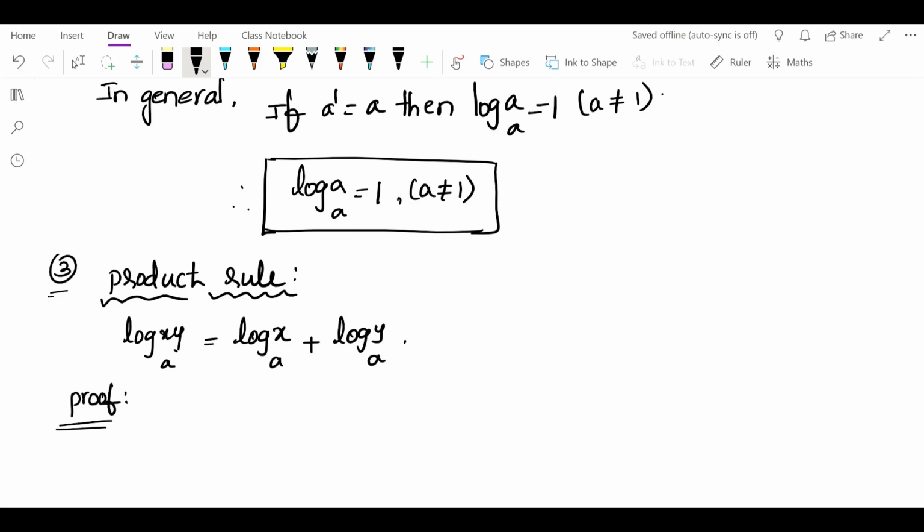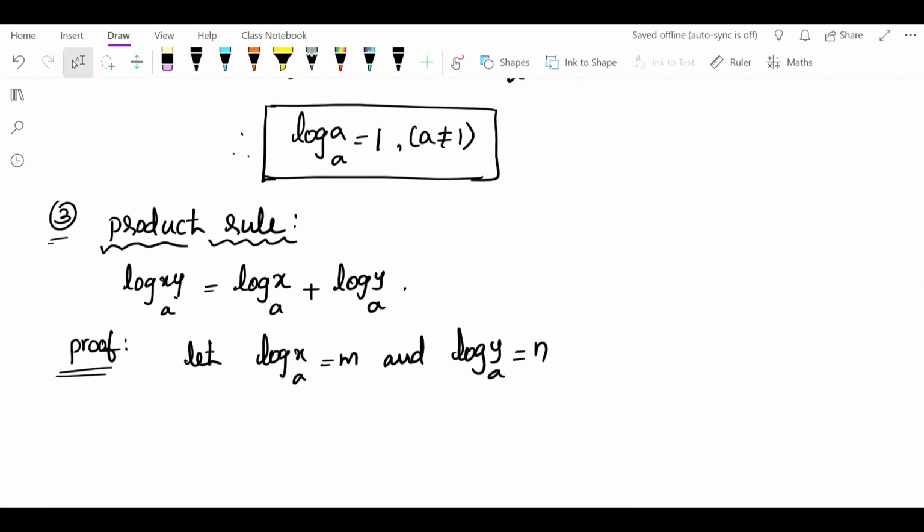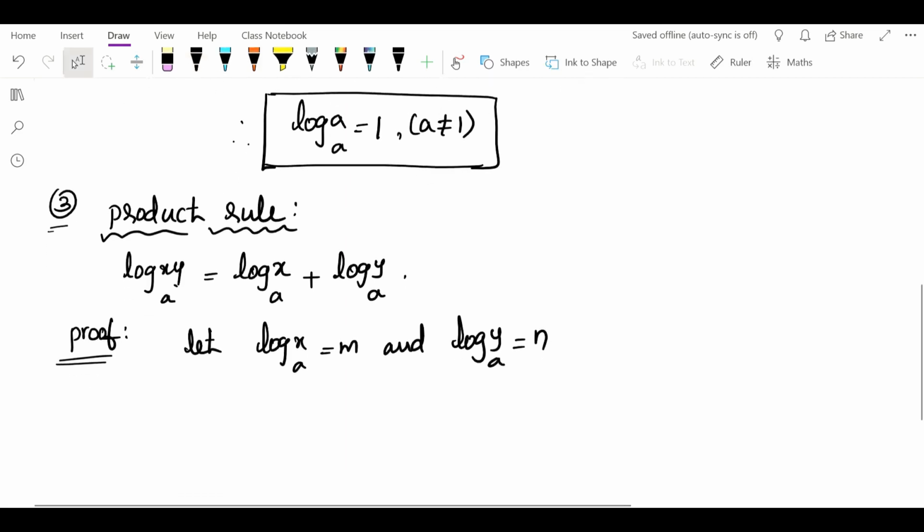Let us assume that log x base a is equal to m and log y base a is equal to n. These two are in logarithmic forms, so we convert these two into exponential forms.